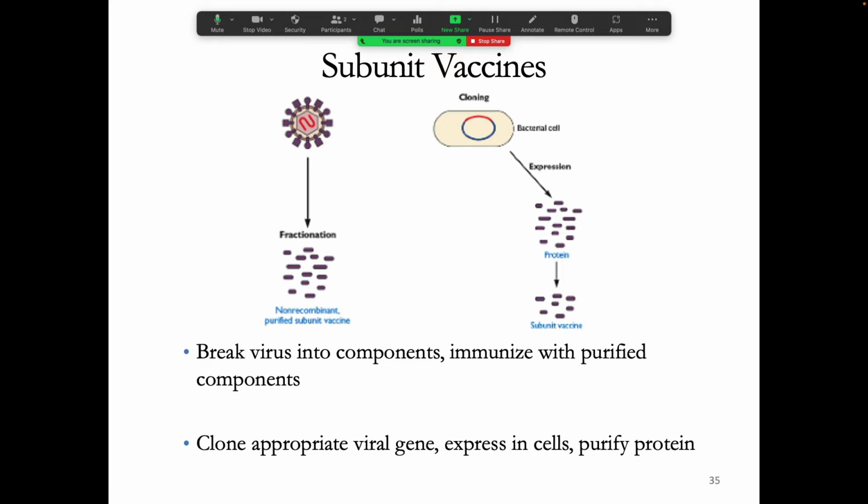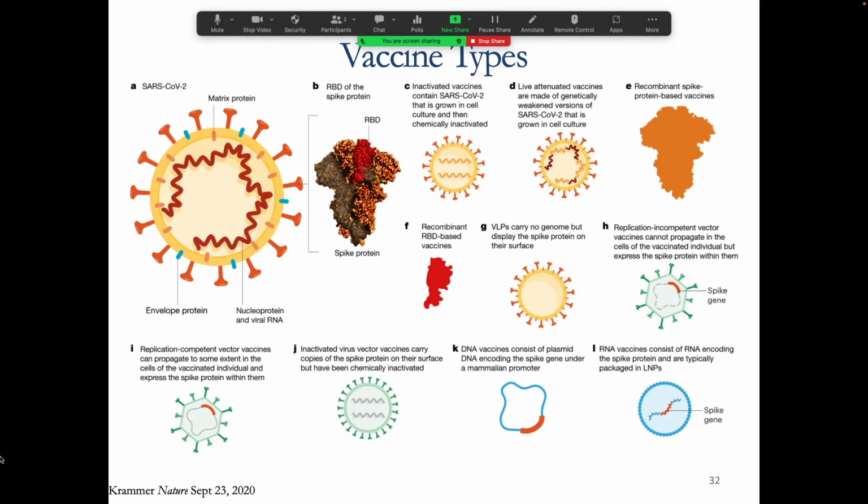To give you an example, with my vaccine types back here, you can see the entire SARS-CoV-2 virus. A subunit vaccine of SARS-CoV-2 might just be a protein, just the protein including spike.